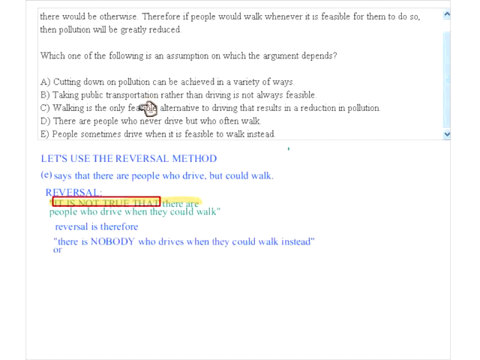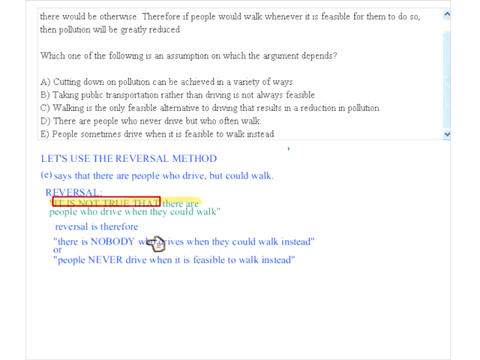Or if you go directly off of choice E, people sometimes drive when it is feasible to walk instead. If it is not true that people sometimes drive, then that means they never drive.